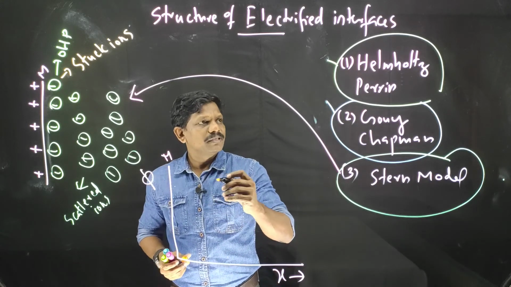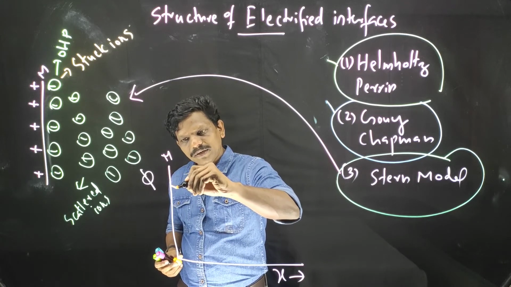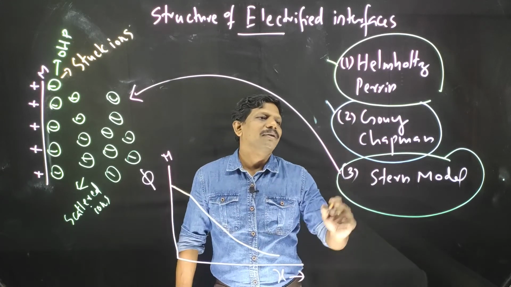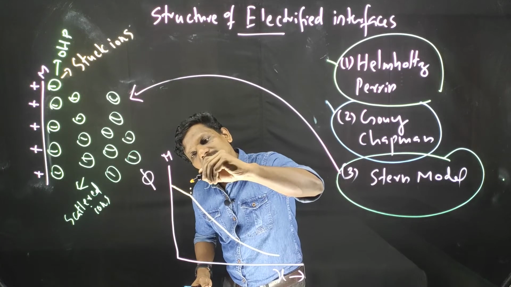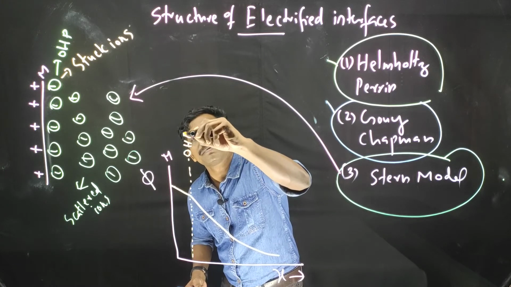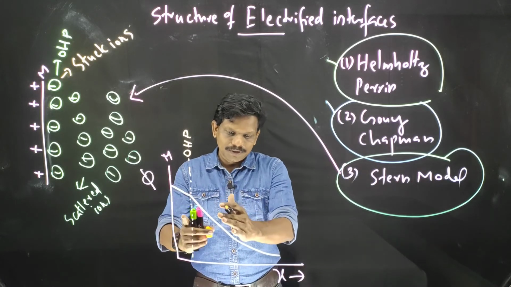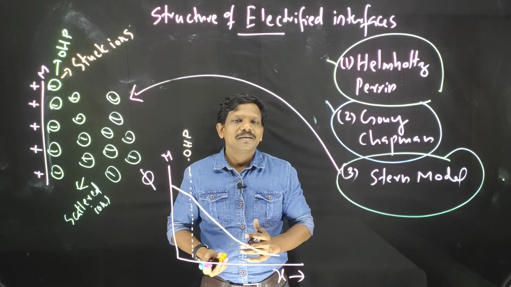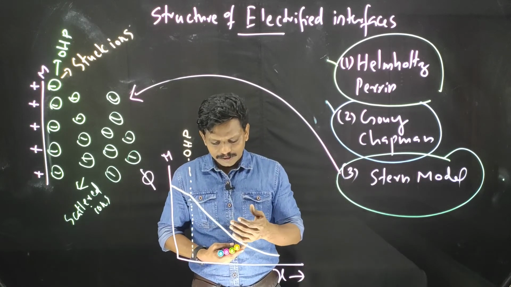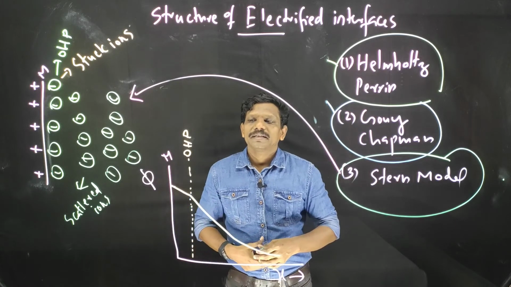According to the Stern model, first there will be some rigidity, some linear variation, and after that it will behave like our Gouy Chapman model. So some rigidity is there, and that means this is your well defined OHP. It is very close to the metal, and after that the variation will be just like the Gouy Chapman model. So that will give a very good idea about the electrified interfaces.